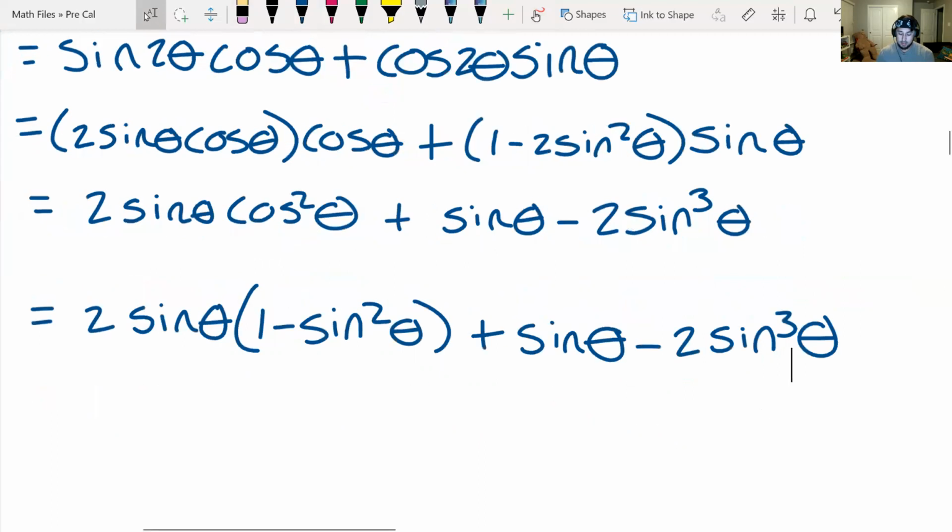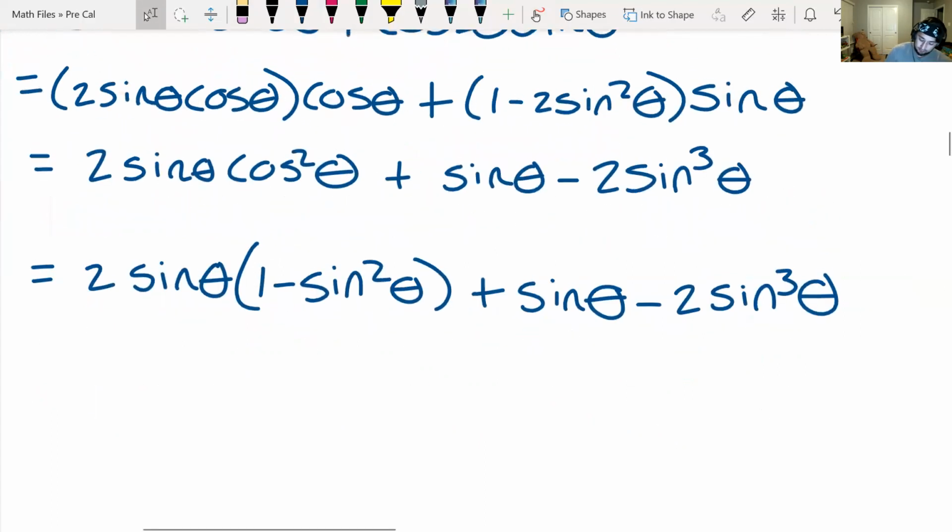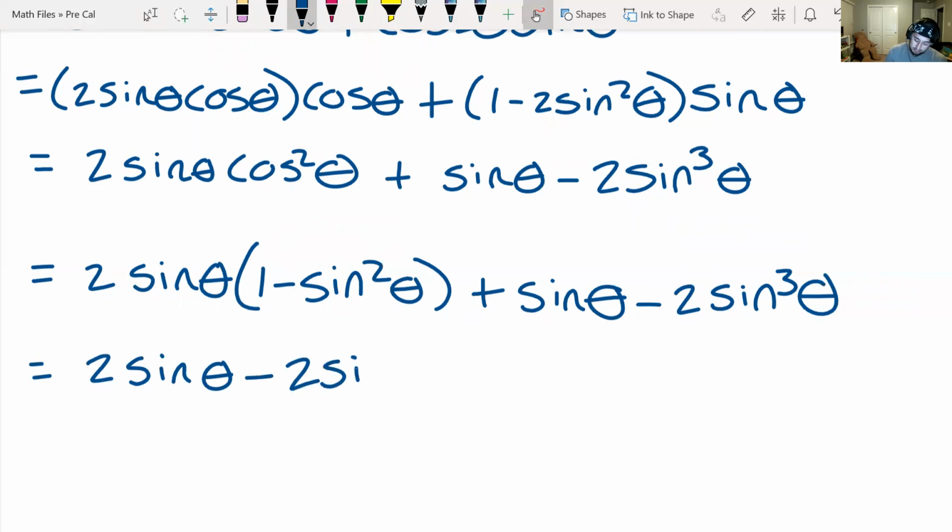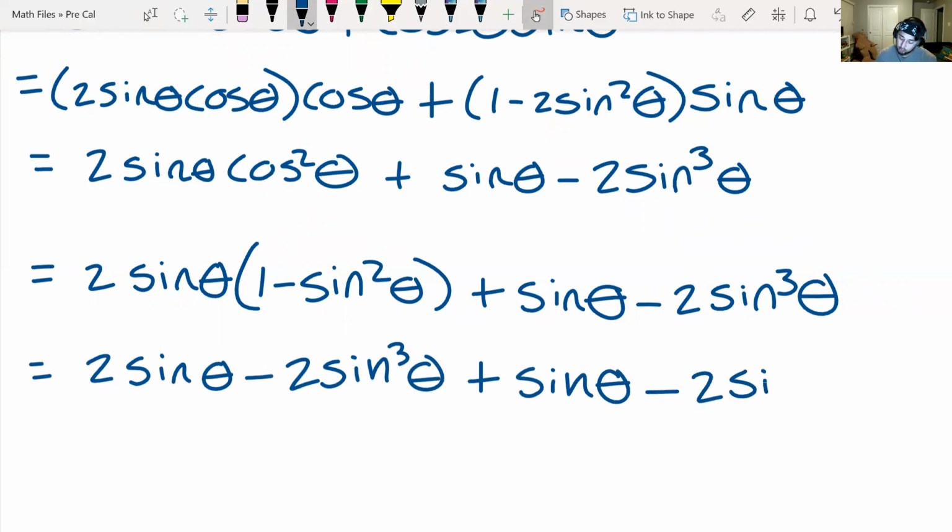All right, more cleanup. Here we get 2 sine theta minus 2 sine cubed theta plus sine theta minus 2 sine cubed theta. We have nothing but sine functions now. Woo!